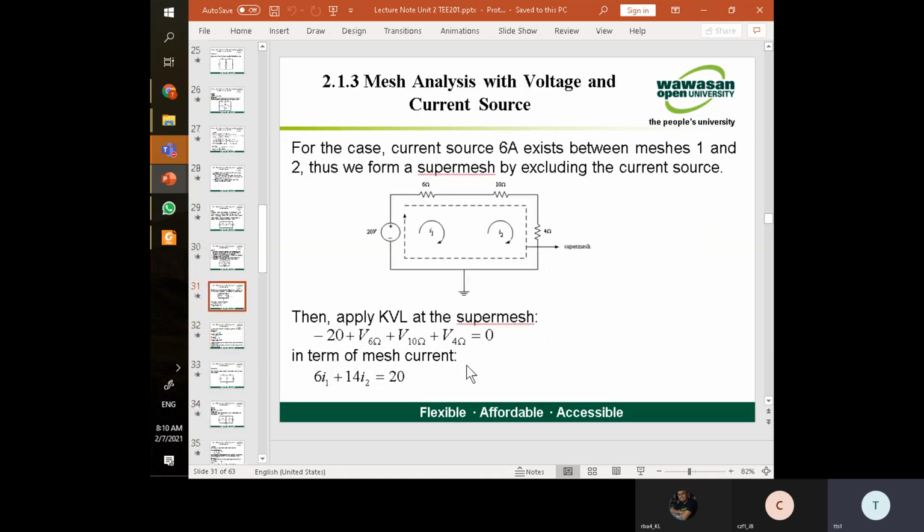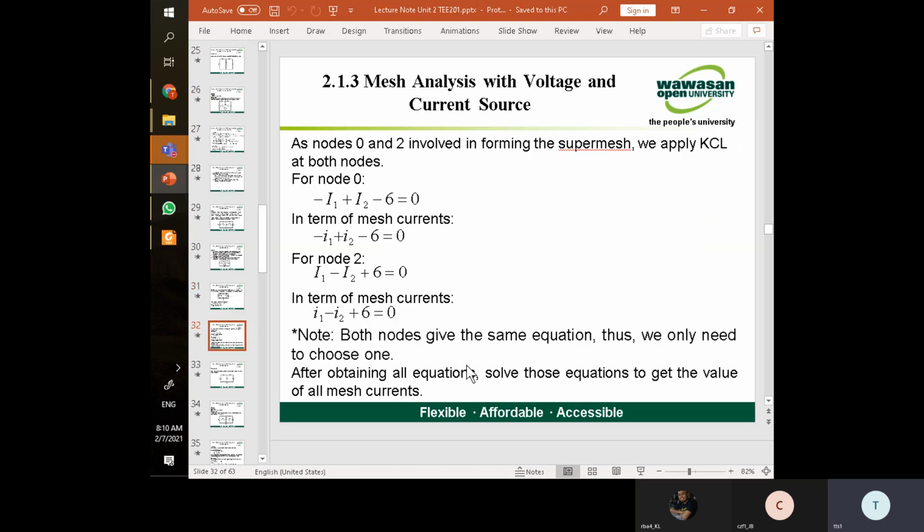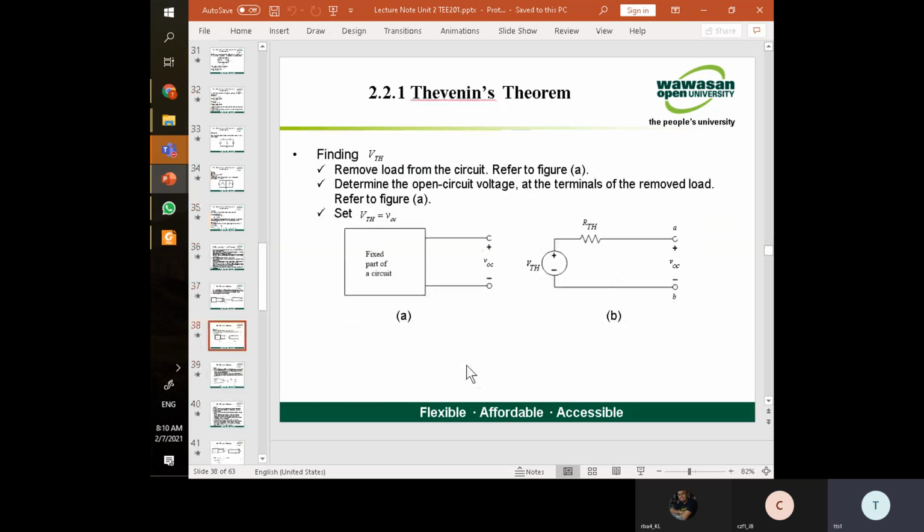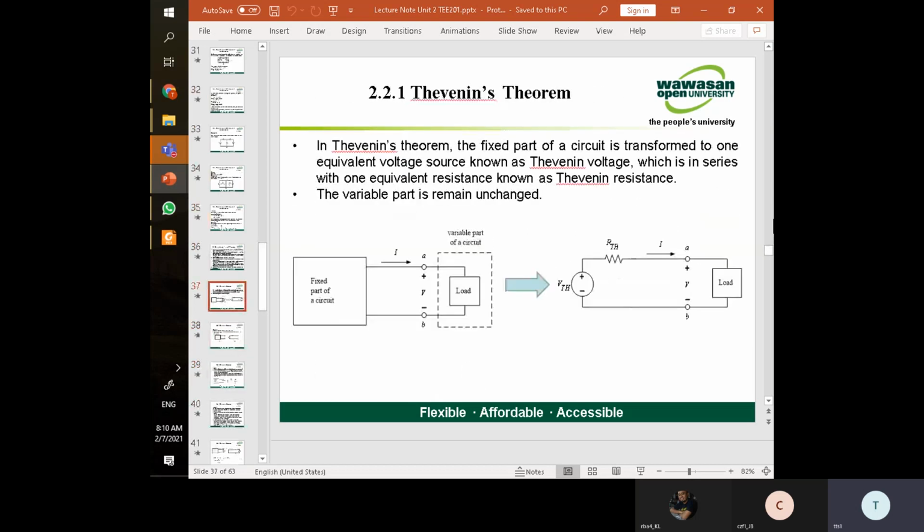All you need to do is just come up with the equation and then find the unknowns. All right. And now we're back to here. I think in our first previous lab session we touched on this Thevenin theorem.